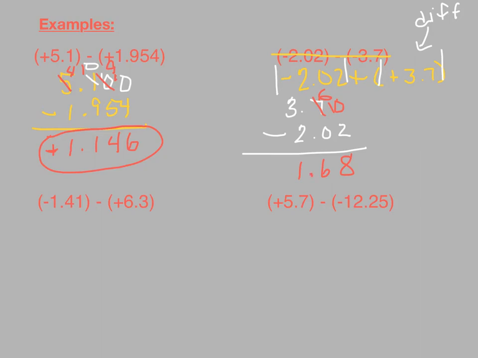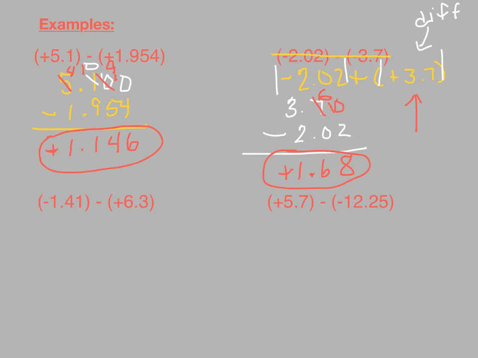Drop down my decimal. I look at negative 2.02 and positive 3.7. The larger of those absolute values is positive 3.7. So my answer is positive 1.68.